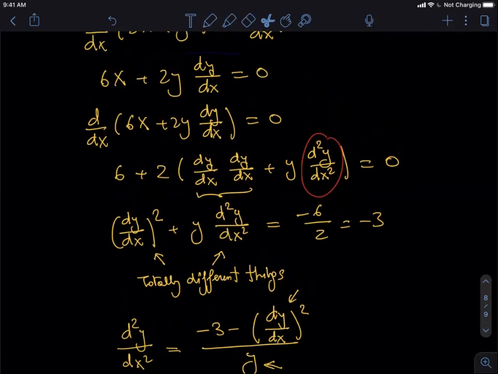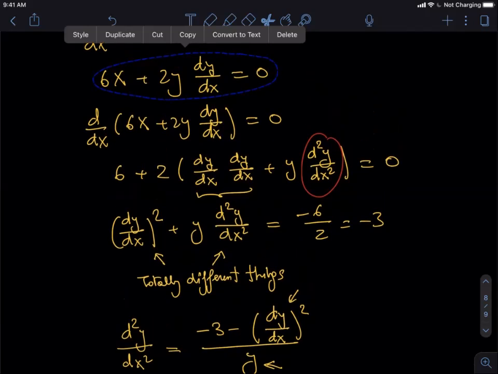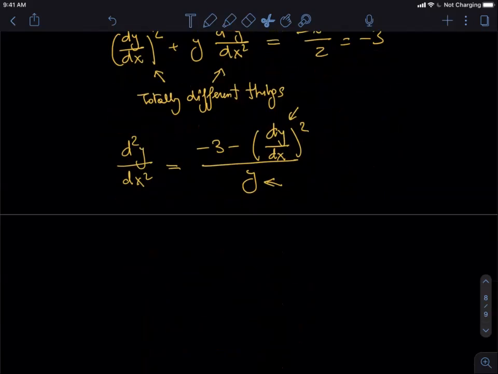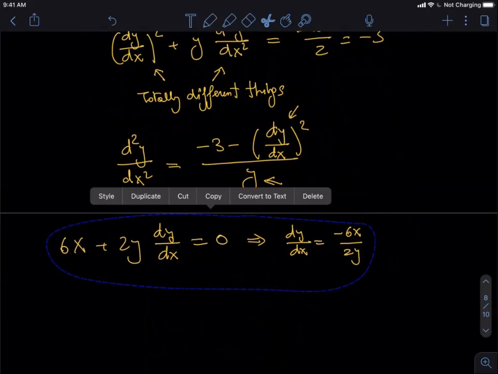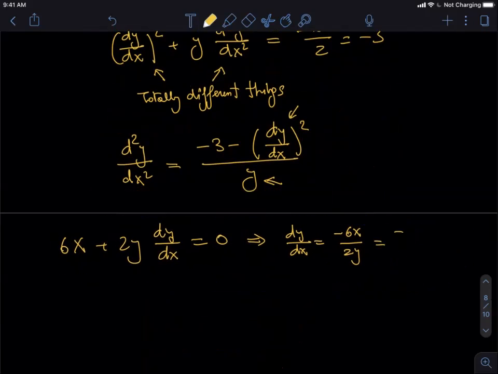But if you notice, we already found dy dx using implicit differentiation. This means we did this during the process. Dy dx is negative 6x divided by 2y, which makes negative 3x divided by y.